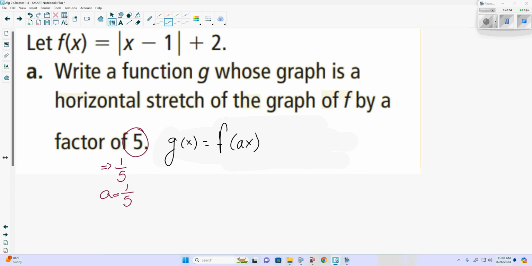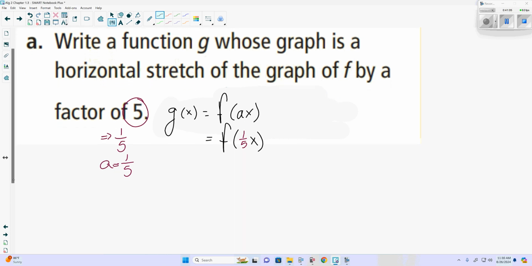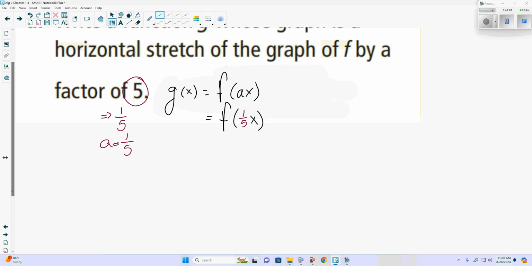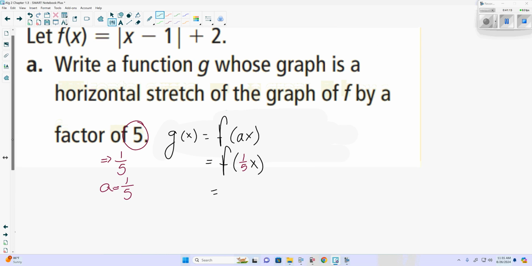Now at this point, we can plug in that value for a. And just like we did on the previous one, we're going to replace every x in f of x with 1/5 x.